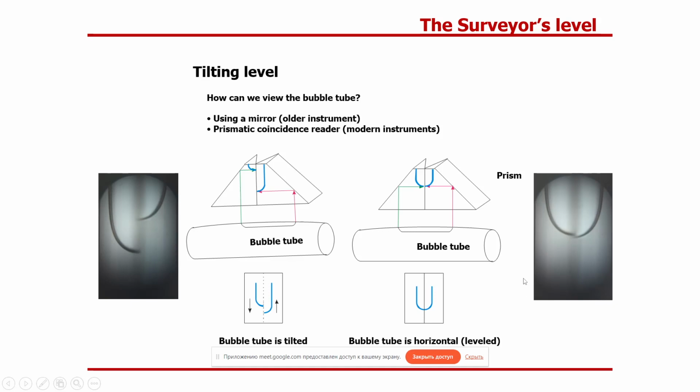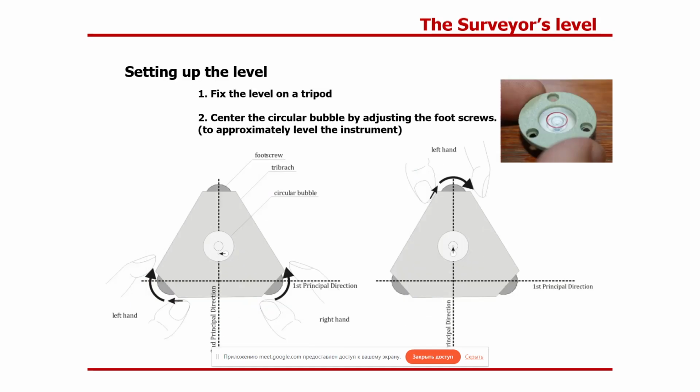So we can precisely horizontalize the telescope and the line of collimation, so the measurement will be very precise, and it will have high quality.